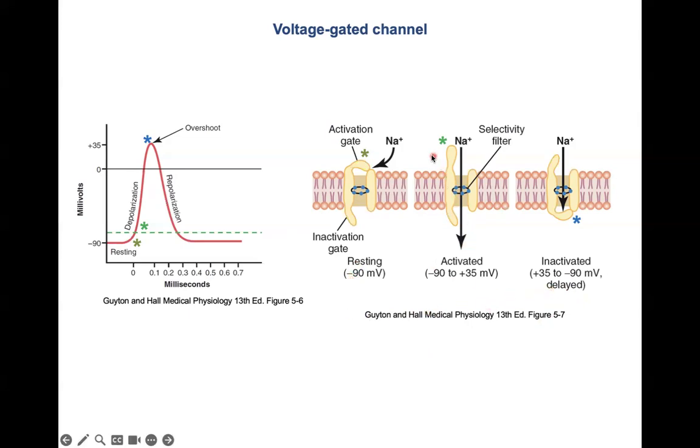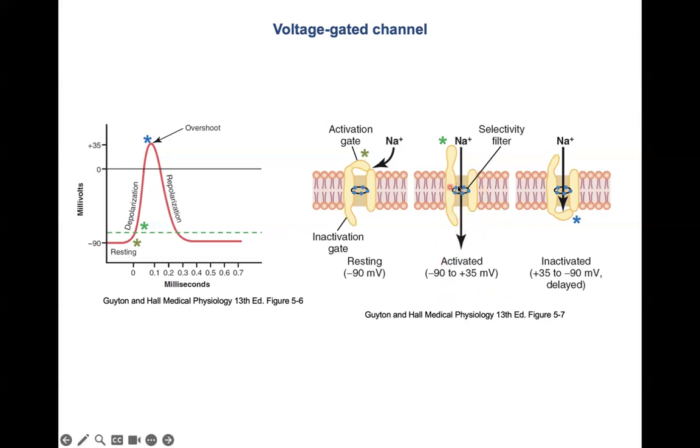In the case of this voltage-gated sodium channel, it's closed here and here at resting membrane potential of about minus 90 millivolt, and it opens up within a range of membrane potential voltages between minus 90 to plus 35 millivolt. Within this membrane potential range, the voltage-gated sodium channel will be open.